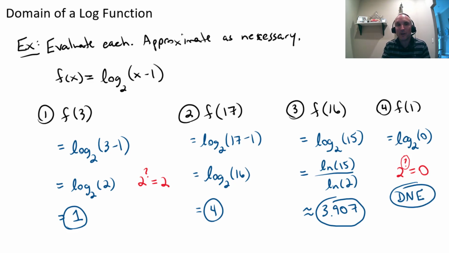And that's why we're going to talk about domain of log functions, because we have to be careful. We have to be careful with what we input. And remember, domain is input to a function. Okay? So let's kind of summarize what we see here. If you have a positive base, you're never going to get 0 or a negative argument. You'll only get a positive argument.